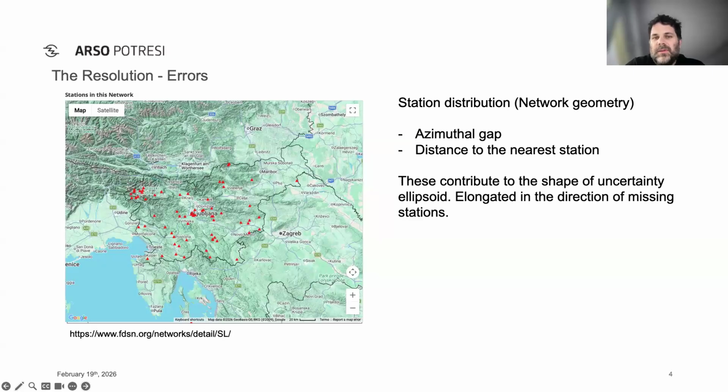Another problem is that if your stations are outside of the, just a second. Okay, I have the pointer. If our earthquake is away from the stations, you can think of it happening somewhere offshore, maybe in the sea, then the locations will not be constrained well.